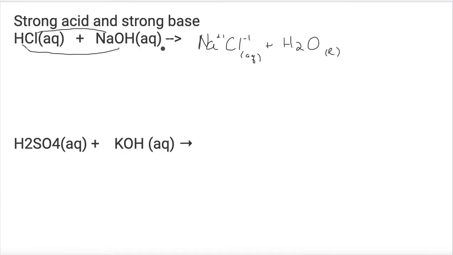This one's already balanced. So you can go through and do this the long way, and write the total ionic equation, which would be H plus, Cl minus, those are both AQ. One thing about strong acids, remember they dissociate 100%, so you can break that down, plus Na +1 plus OH -1, those are both AQ.